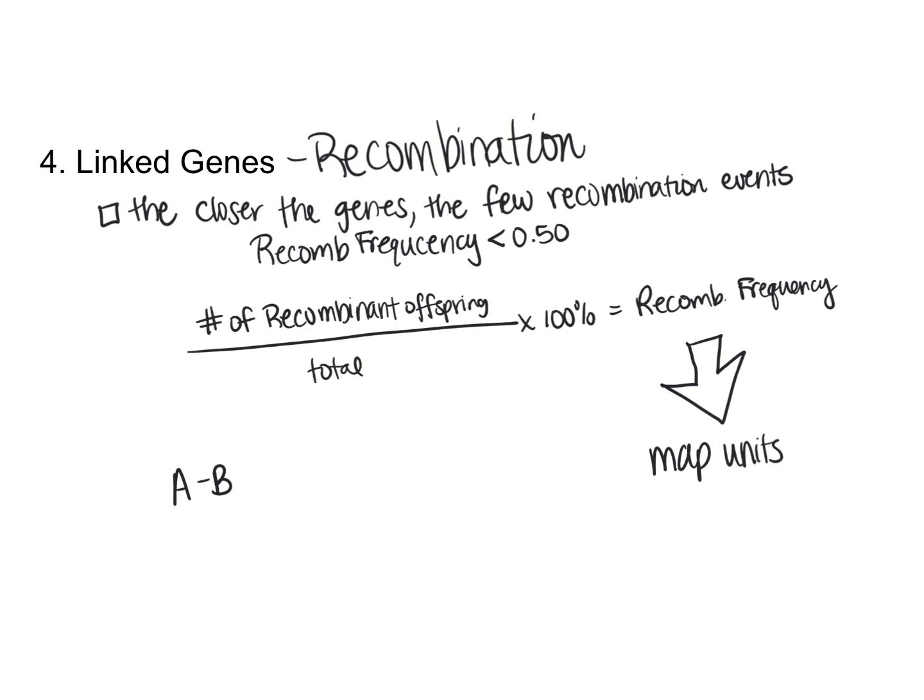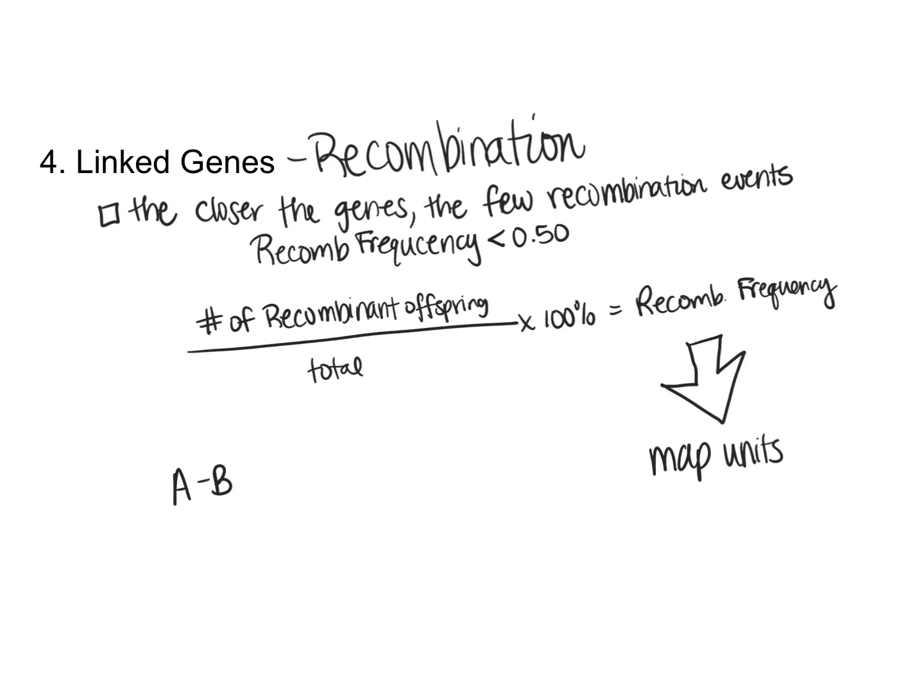So let's say that you are comparing two characteristics and you have determined their recombination frequency. So characteristic A and B. This could be red hair, curly fur, or curly tail, whatever. And you are able to calculate the number of recombinants over the total, and you get that recombination frequency. That recombination frequency is going to be your map units.